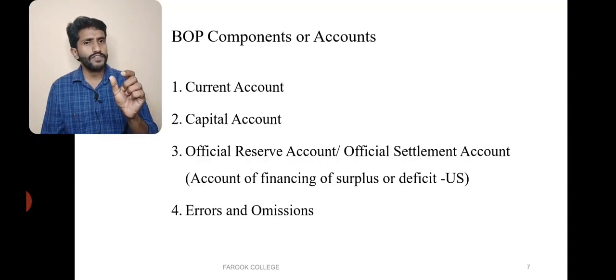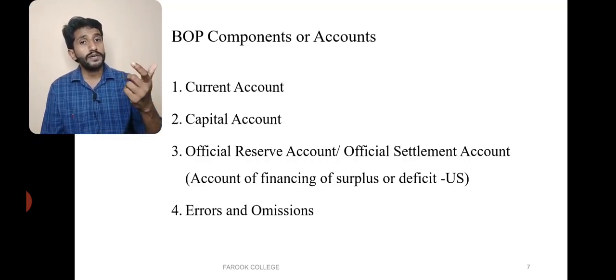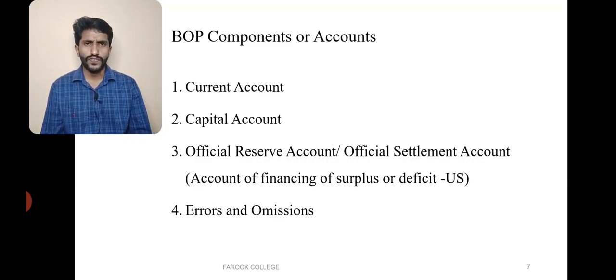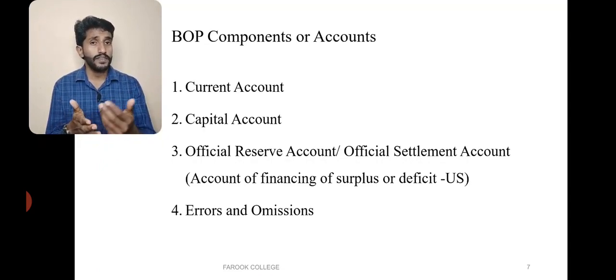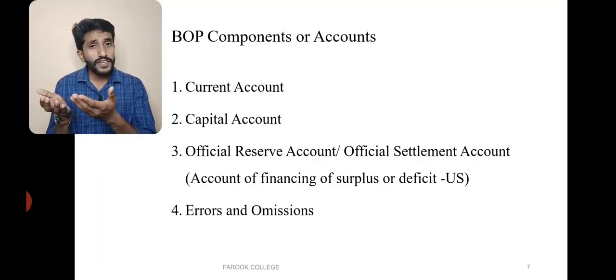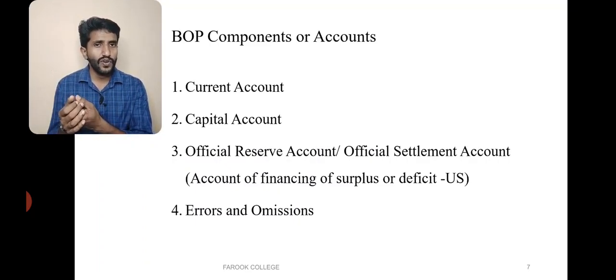Like some kind of short-term capital inflows and outflows. Some countries treat these short-term, volatile inflows of capital differently. If it is for the short term, then generally some countries include it in errors and omissions, not in the capital account. Some of the data might be missing, or there might be mistakes in the data.